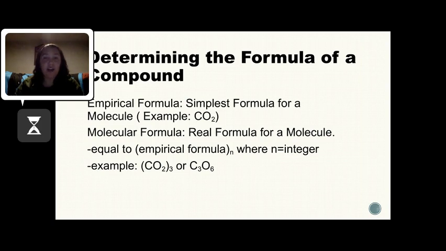So that's going to be equal to the empirical formula times a whole number integer. For example, C3O6. This is really 3 times CO2, where CO2 would be our empirical formula and C3O6 would be our molecular formula. Now, if CO2 was in fact the molecule we were talking about, the empirical formula and the molecular formula would be the same in that case. But for C3O6, that's our molecular formula, and CO2 would be our empirical formula.